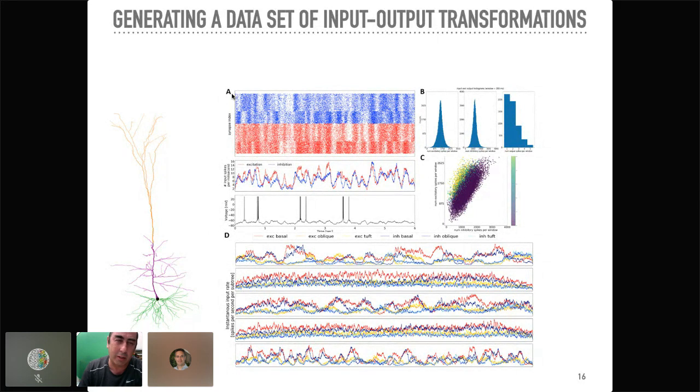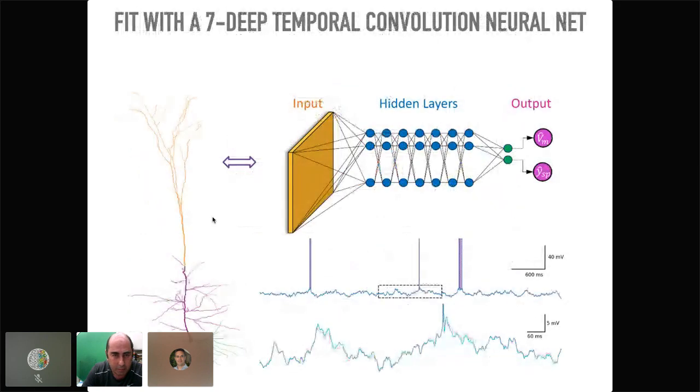We made hundreds or thousands of simulations like that, and generated a very big database. Then we tried to fit it with different neural networks, and eventually with a temporal convolutional neural net with 7 hidden layers, we managed to get a pretty good fit.